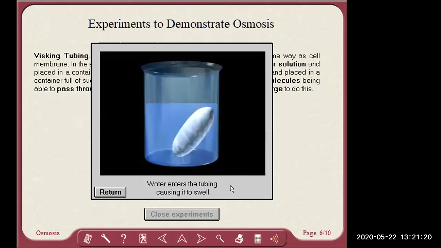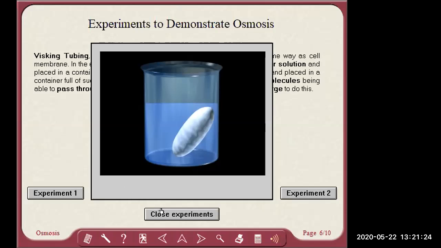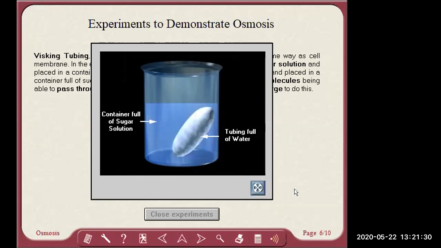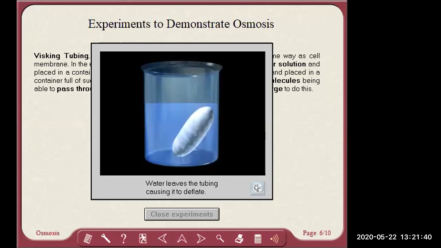So water will enter the tubing and will cause the tubing to swell. Look at this other experiment here that they are demonstrating. The container is full with sugar solution, and the tubing here is like plastic, so things can move in and out. Now look what had happened to it.